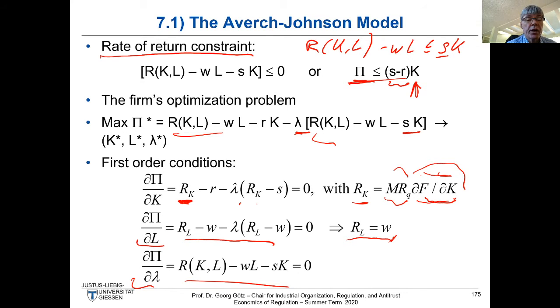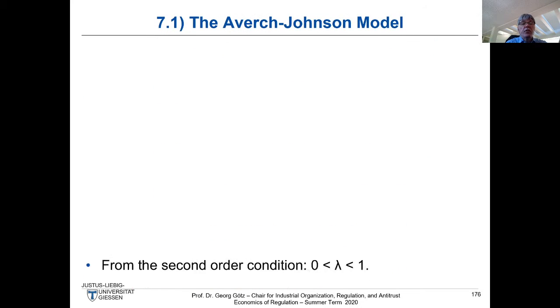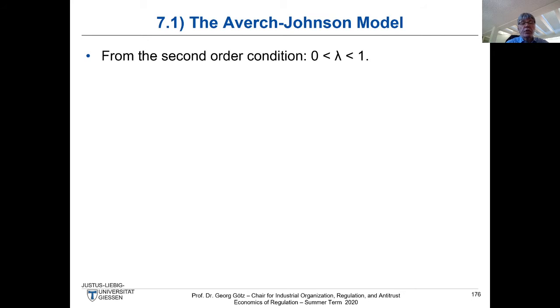Otherwise, we don't get an optimum or a maximum. And because here you can rearrange that to get a 1 minus lambda times R_K, from the second order condition you see that lambda will be in the range of 0 and 1. This is important in one of the next lines here.